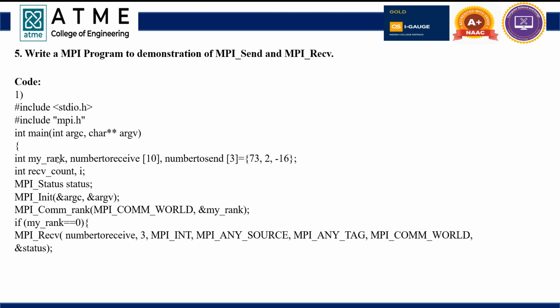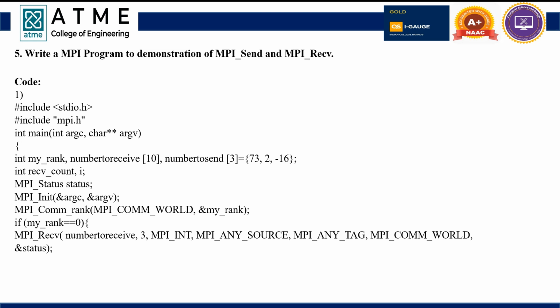So, this rank is the ID. We normally say it is the rank ID. These two, number to send and number to receive, are used as buffers to store the received data.